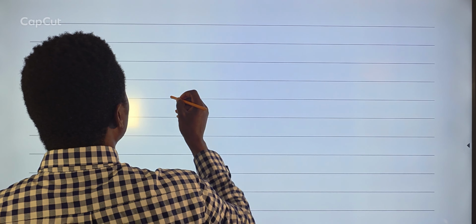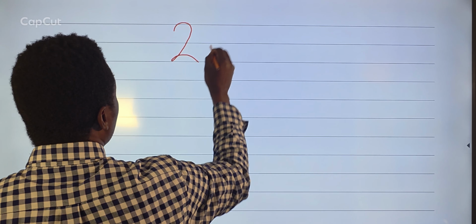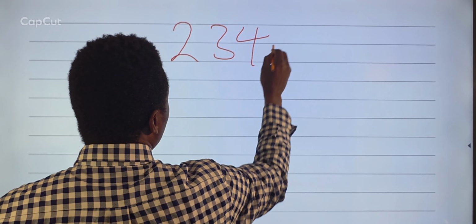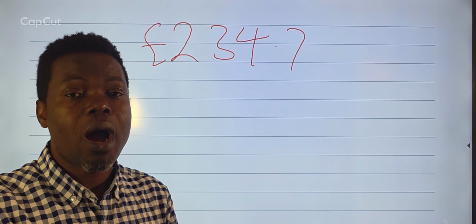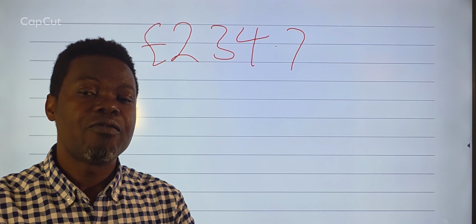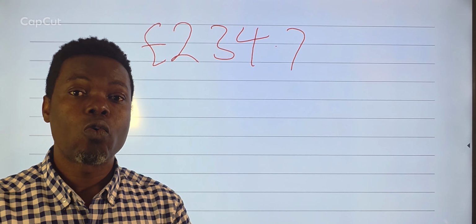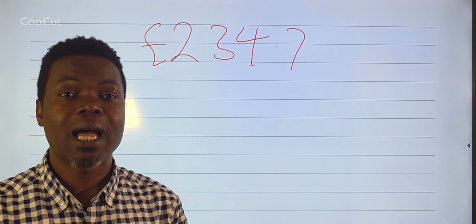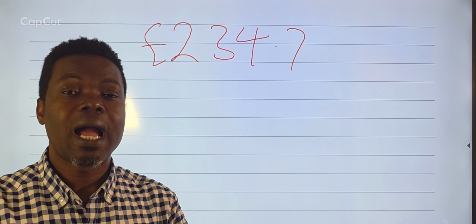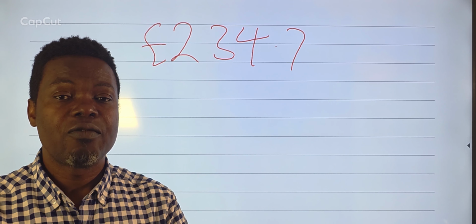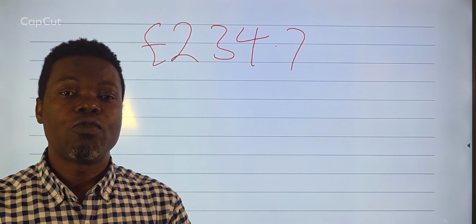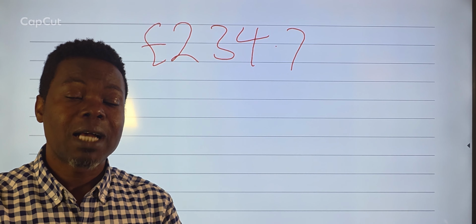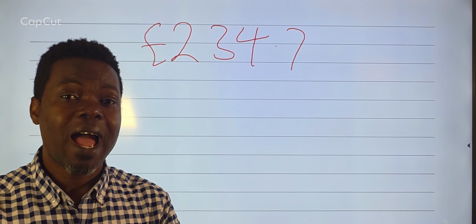The full amount is £234.7. This is the full amount you are going to be receiving every week. And you know we have 4 weeks in a month. If you multiply this amount by 4, you will know the amount you are going to be receiving every month. This full amount, you only qualify for it if you have contributed for the maximum number of 35 years.